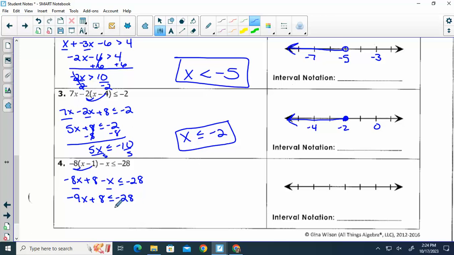So now if I want to get my x by itself, we would do what? So negative 9x is less than or equal to negative 36. And that flips the inequality. So x is greater than or equal to 4. All right. Is that one okay?